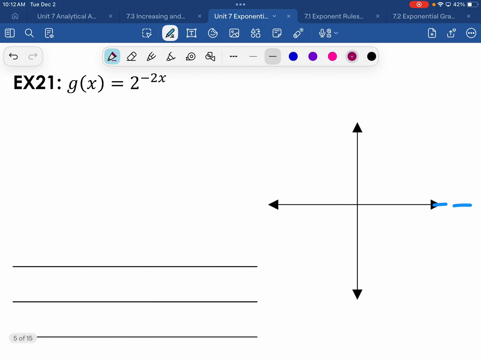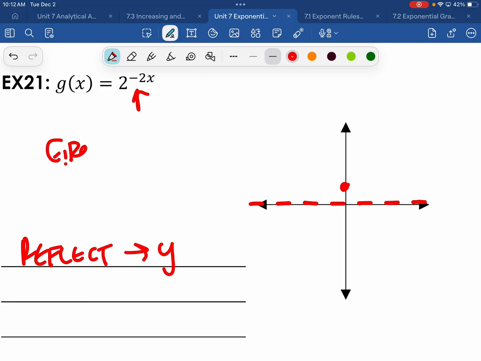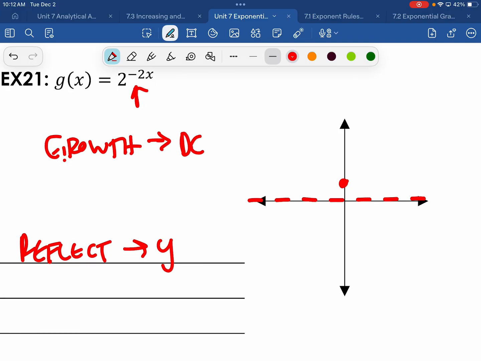All right, so same thing here. Where's your asymptote going to be at? 0. Your initial condition, left, right, up, down, are we shifting, going anywhere? Nope, it's going to stay right here at 1. The transformations, I'm reflecting over the y, which is going to turn my growth into a decay.